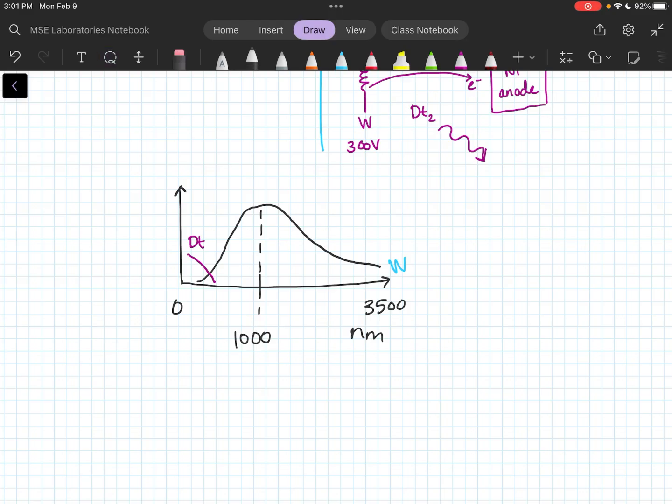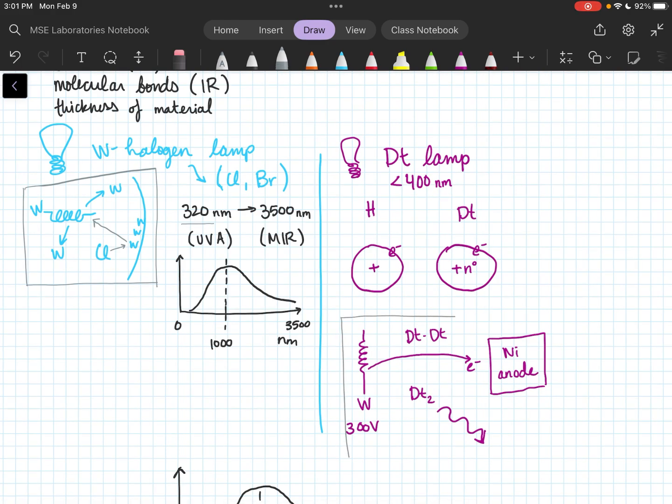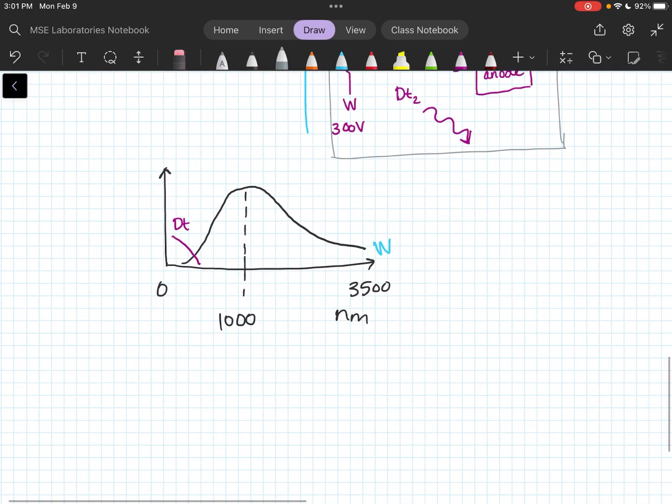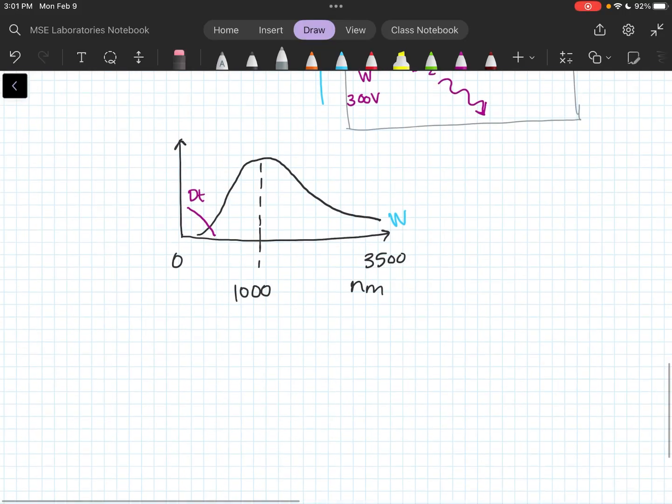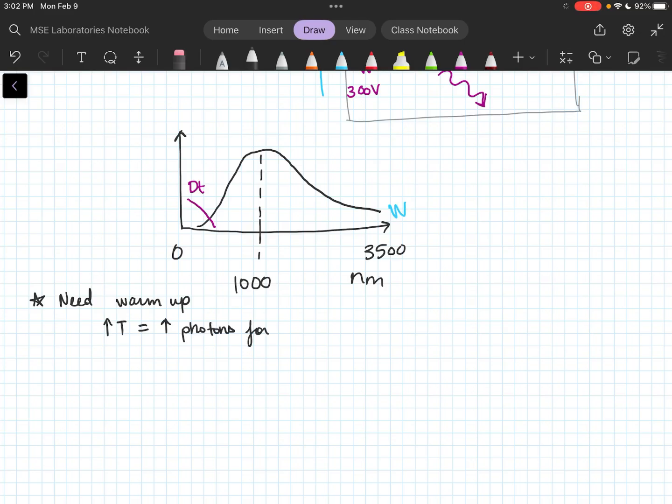Both of these lamps have a little bit of warm-up time that they need. The hotter these lamps get, the more efficient they get and the more photons they put out. More temperature is going to give us more photons.